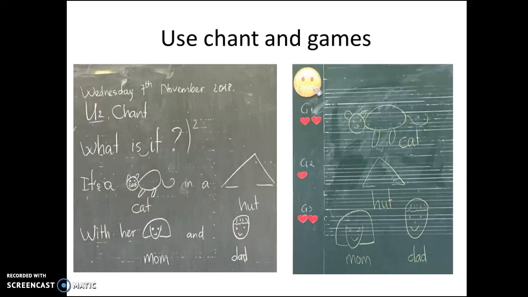Besides, I also create chants and games. For example, when I teach children about cat, heart, mom and dad, I can create a chant. It's very easy for students to remember. And I also divide students into groups to play games like here.